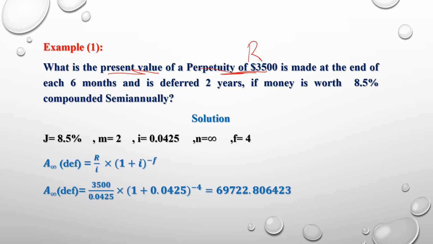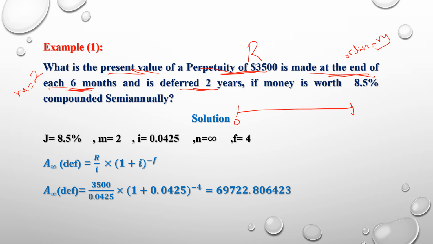So this is R, and this perpetuity is made at the end of each 6 months, so this is an ordinary perpetuity, and it's made twice a year, so M equals 2.